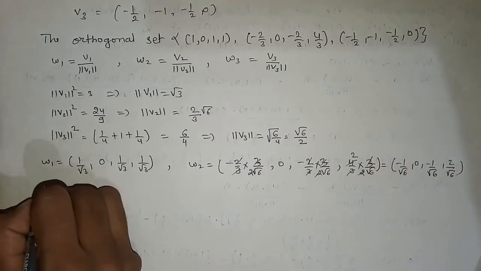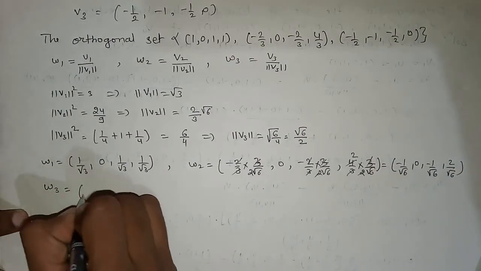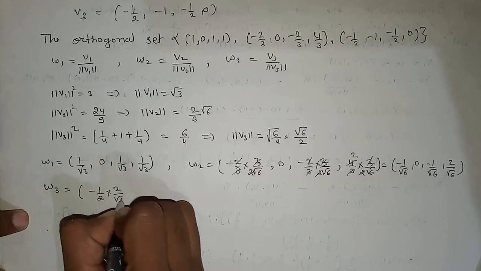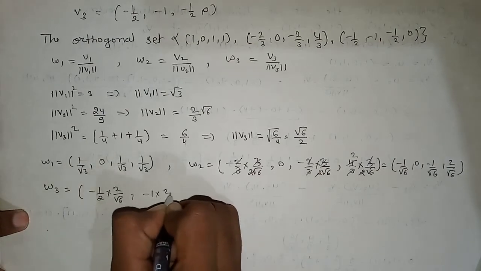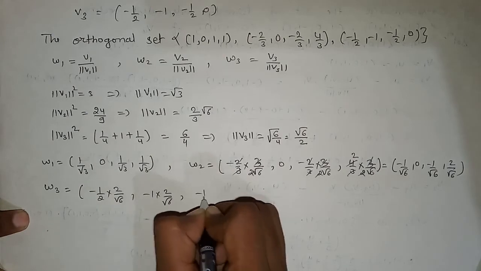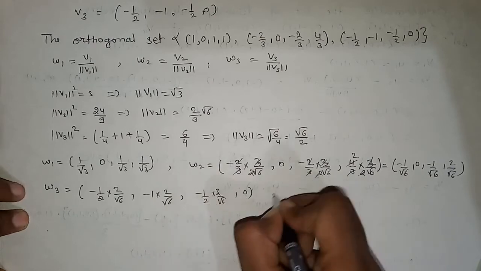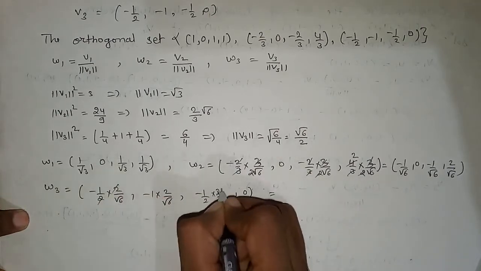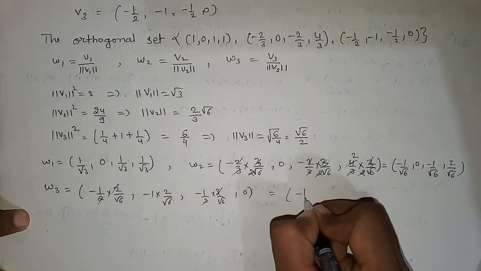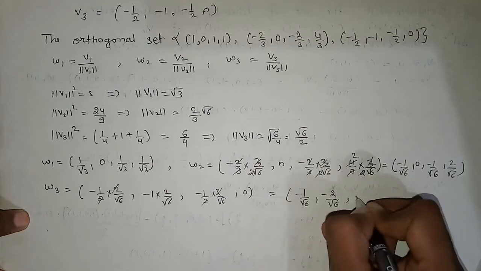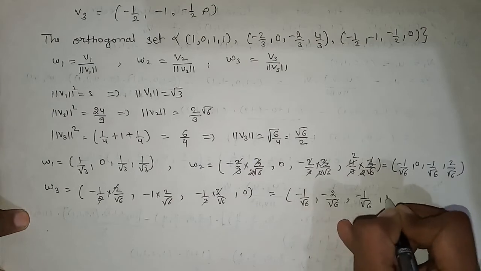So this is W2. Now for W3 we have -1 by 2 into 2 by root 6, -1 into 2 by root 6, -1 by 2 into 2 by root 6 and 0. So this 2 and 2 get cancelled, this 2 and 2 get cancelled. So we have (-1 by root 6, -2 by root 6, -1 by root 6, 0).